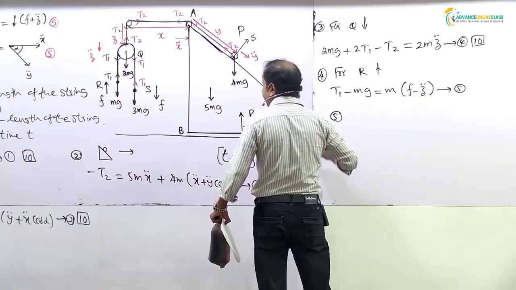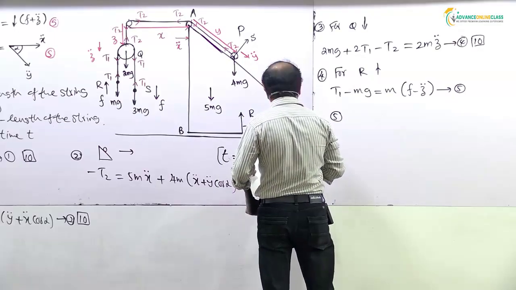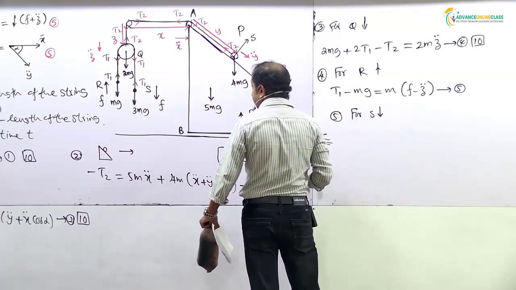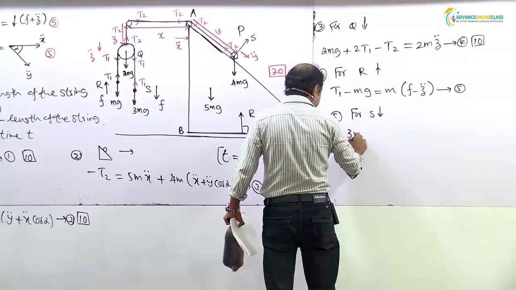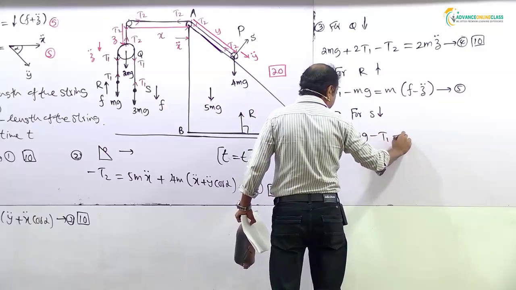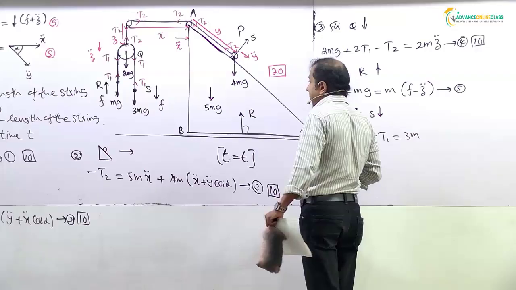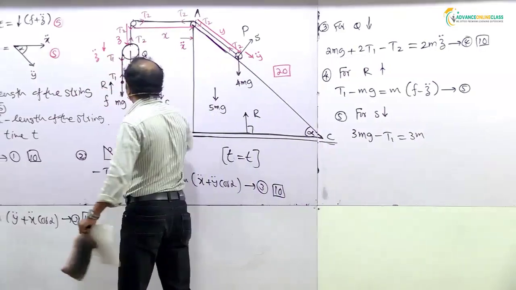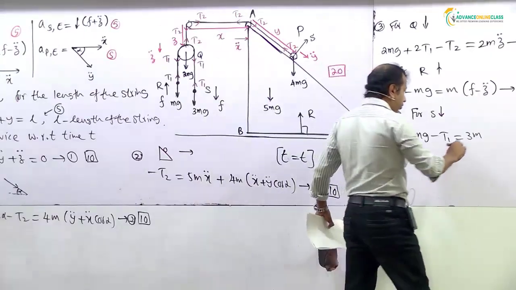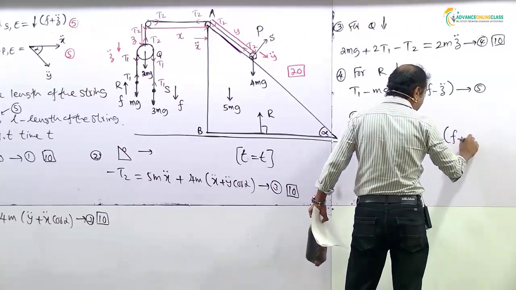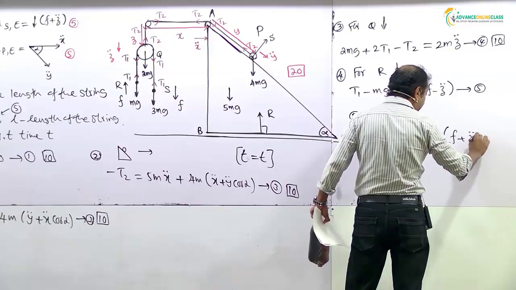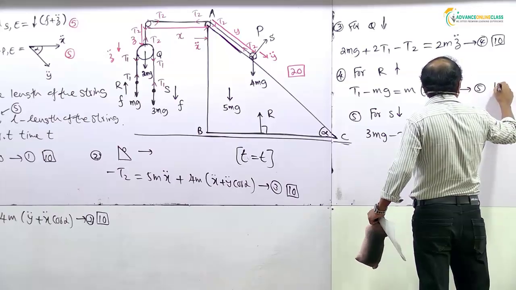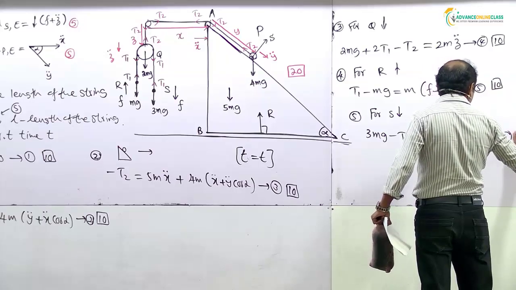For this S downward, what do you get there? 3mg minus T1 is equal to 3m times the acceleration of S, g plus z double dot. This is the 6th one. For this, you get 10 marks.